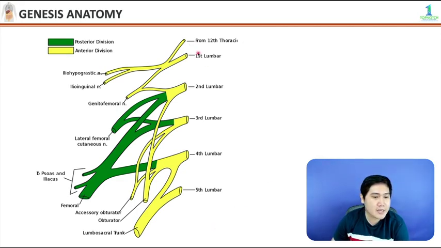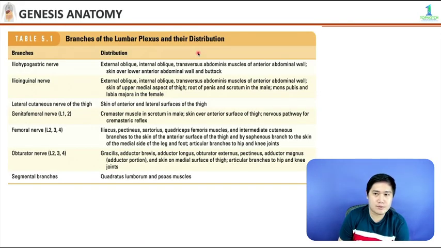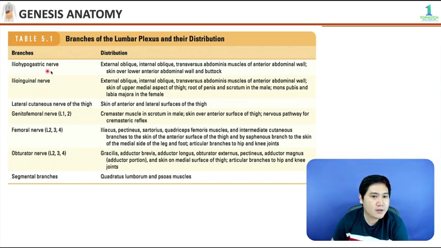Okay? So ayan, no? This is the actual picture of your lumbar plexus. Okay? And derived from your Snell, okay? Your iliohypogastric nerve will supply your external oblique, internal oblique, transversus abdominis, okay? And as well as the hypogastric region of your abdomen and buttocks, okay?